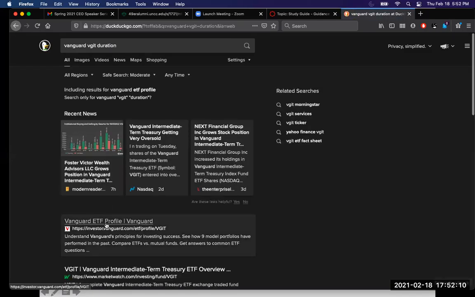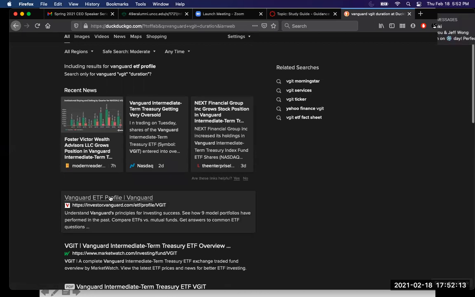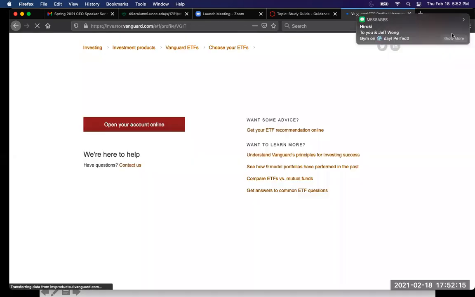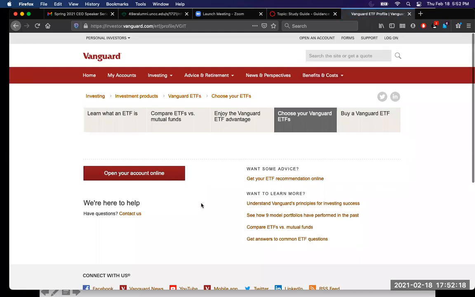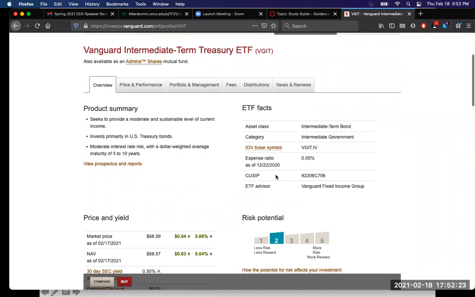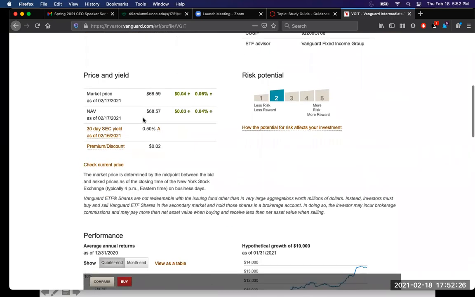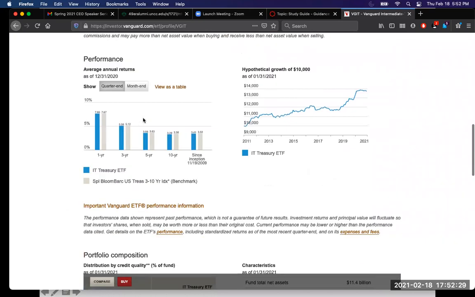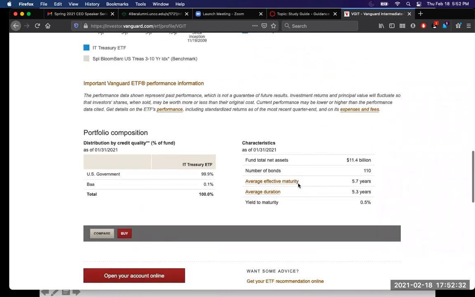If you pull up any bond fund, whether it's an ETF or a mutual fund, they usually tell you things like the duration, the weighted average duration of the fund itself. And you see that right here. Average effective maturity is 5.7 years. That incorporates things like embedded options. Average duration, so the weighted average duration, 5.3 years.